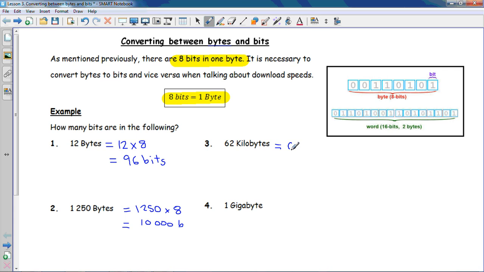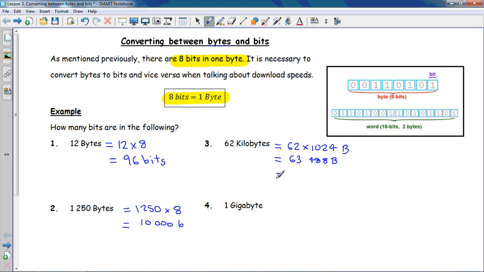So let's convert 62 kilobytes into bytes. So multiplying, remember our magic number is 1024, and that will be for capital B for bytes. So that conversion makes it 63,488 bytes on our calculator first.